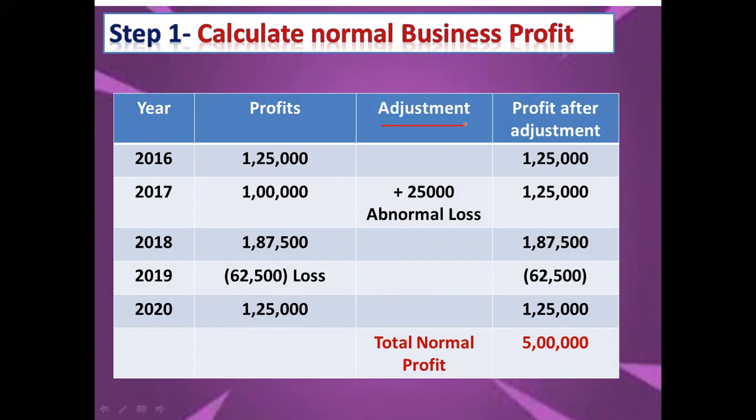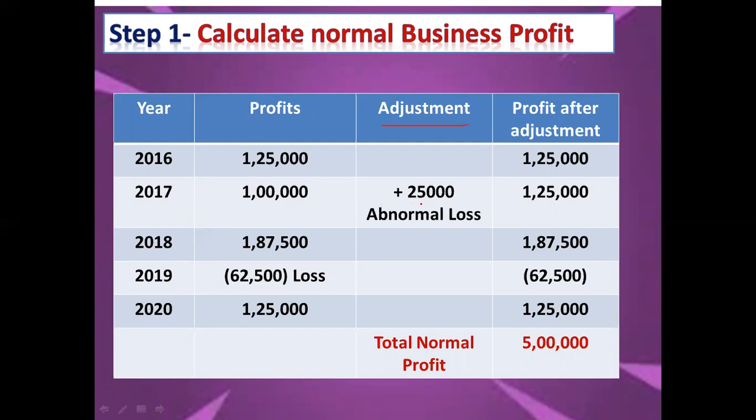That we will be doing adjustments. So there is only one adjustment, because they are saying in 2017 there was abnormal loss which is included in it. Included in it means when this amount was calculated, this amount was deducted out of it. But this abnormal loss need not to be deducted, because we are calculating normal business profit.